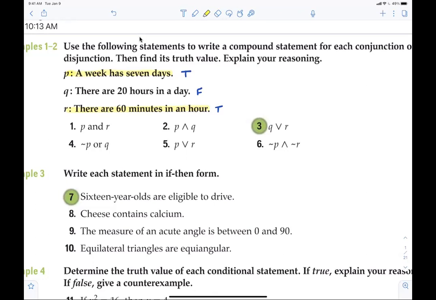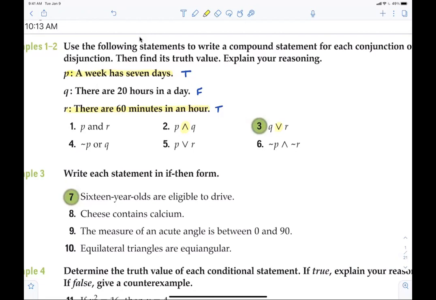Now, this symbolism. The way I remembered it was, it looks like an A. So that's an and. And this symbol right here is not an A, so it's going to be or. That's how I remembered it. You remember it however you want, but those are the symbolisms.